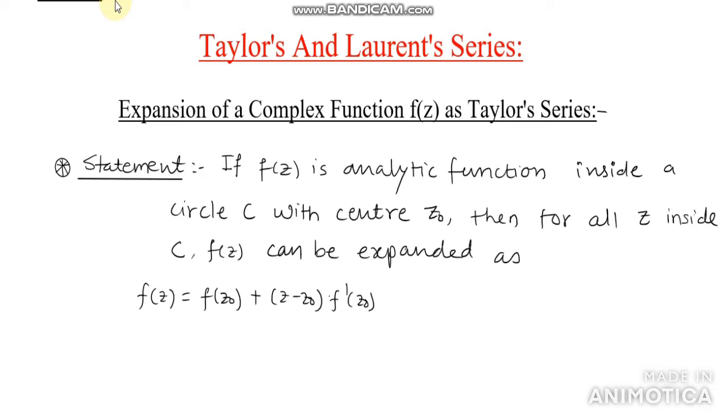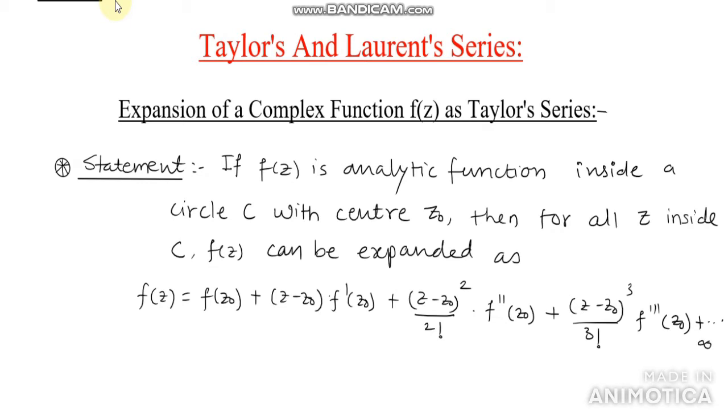Here f dash of z0 denotes the first derivative of function f at z equal to z0, plus (z minus z0) whole squared divided by 2 factorial into the double derivative of f at z0, plus (z minus z0) whole cubed divided by 3 factorial into the third derivative of f at z0, plus and so on to infinity. Let me call this equation number 1.